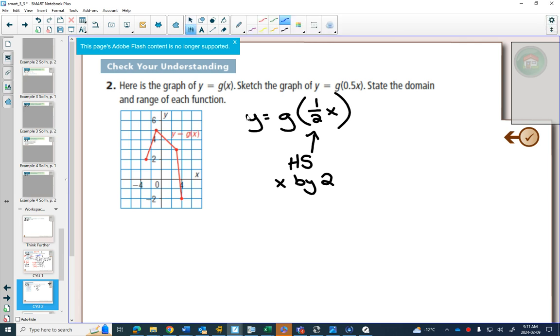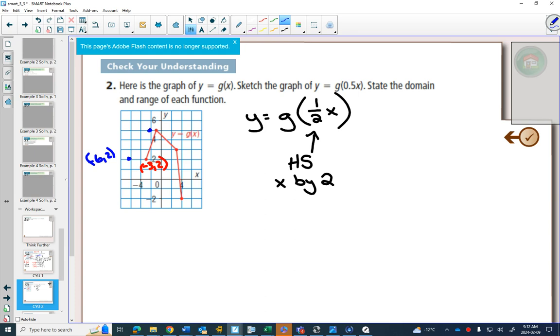So on the graph, we could do the strategy here, but I think it's simple enough that you could just say my x value here, this point is -3, 2. So if I multiplied my x value by 2, can you see that you would be at -6, 2? Here I have -1.